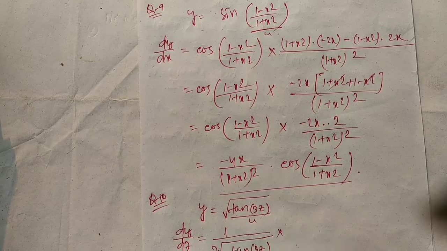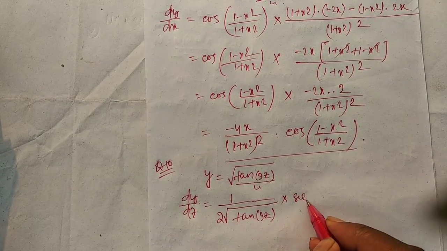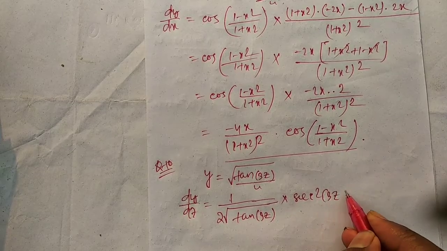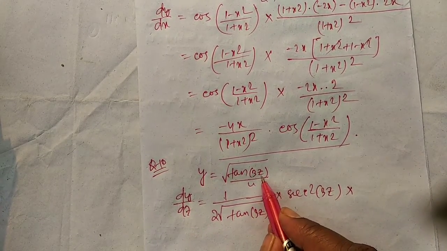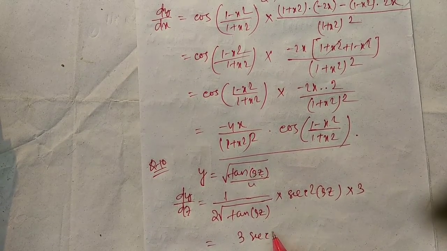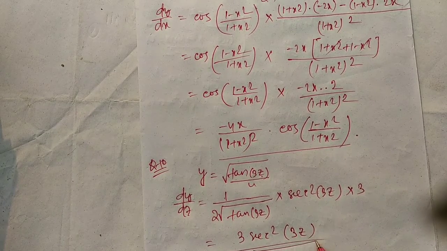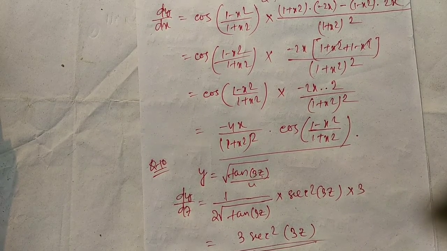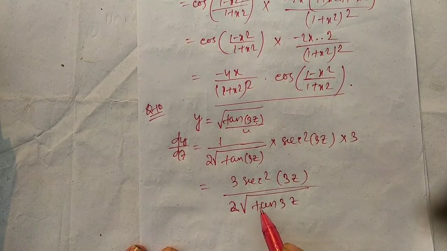Again the derivative of tan 3z will be sec square 3z. Then again we have to apply chain rule, the derivative of 3z, that is 3. So the answer will be 3 sec square 3z upon 2 into square root of tan 3z.